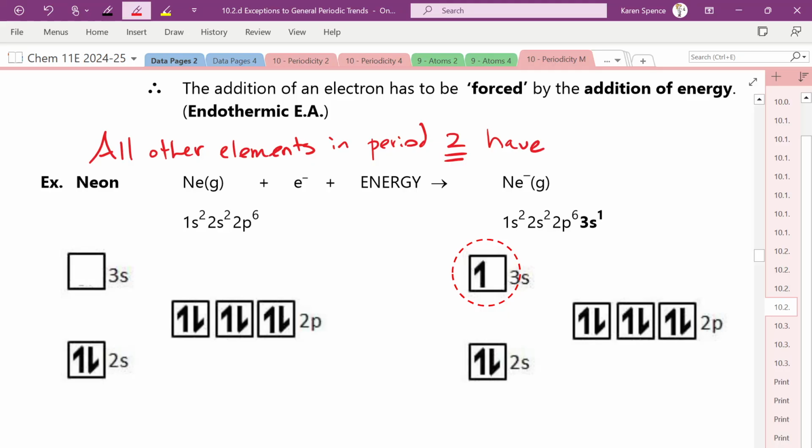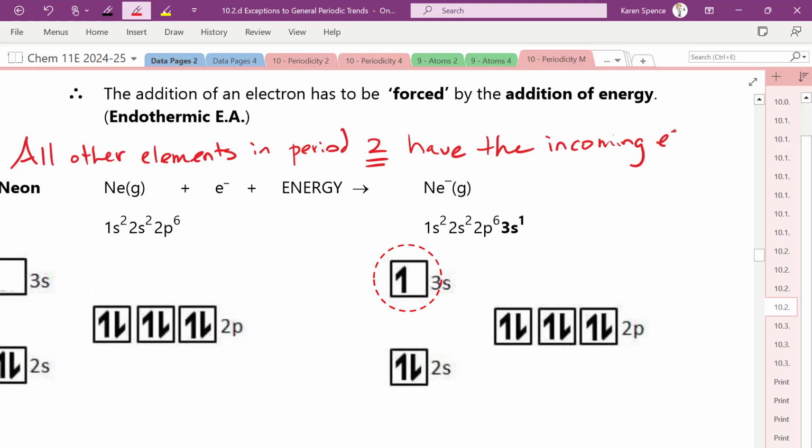Just ignore me. All the elements in period 2 have the incoming electron going into energy level 2. But in neon, energy level 2 is full.